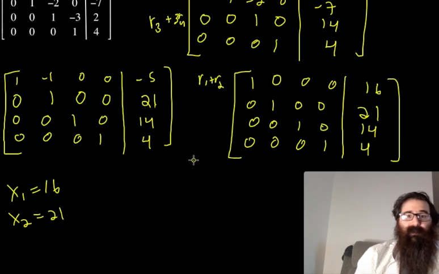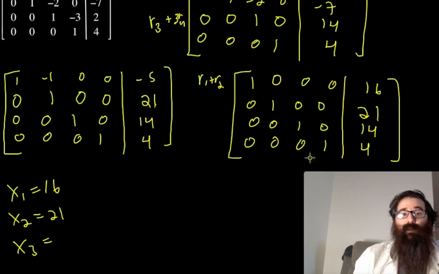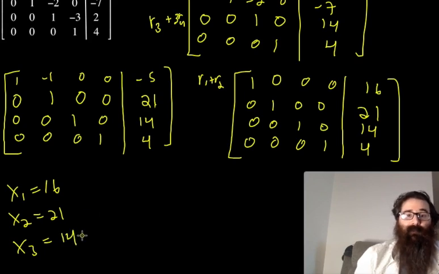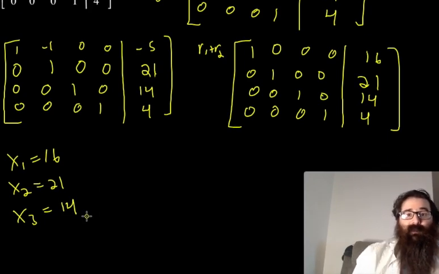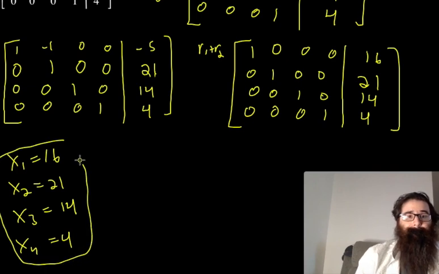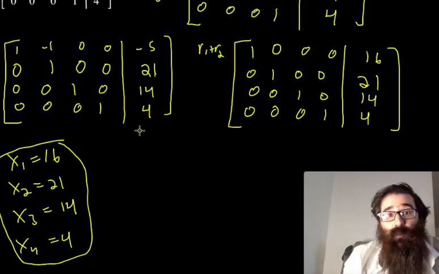The third row is really saying 0x1, so you're gone, plus 0x2, so you're gone, plus 1x3, plus 0x4 equals 14, so x3 equals 14. And then that last row is telling me x4 equals 4. And this is my solution to the system. We got our solution.